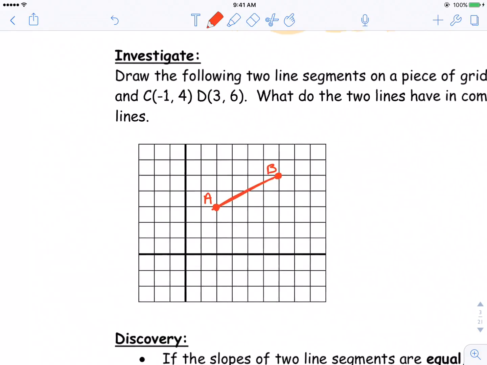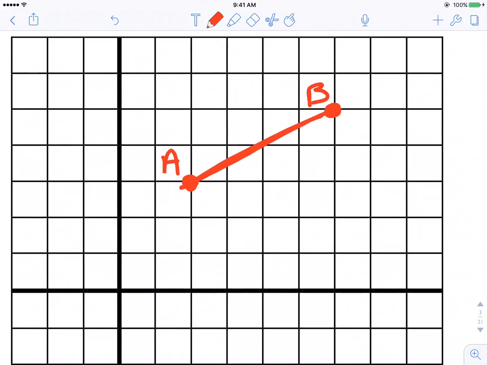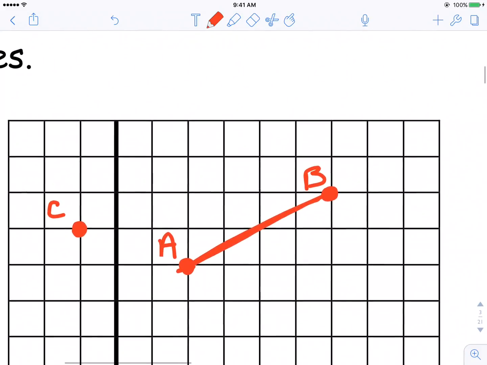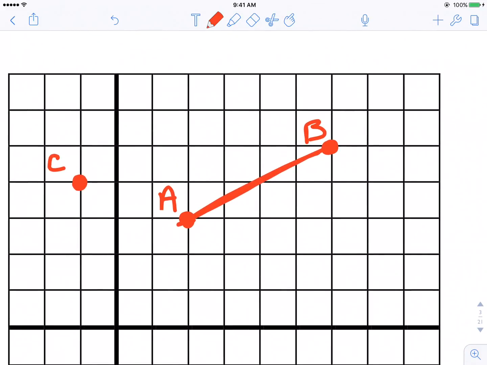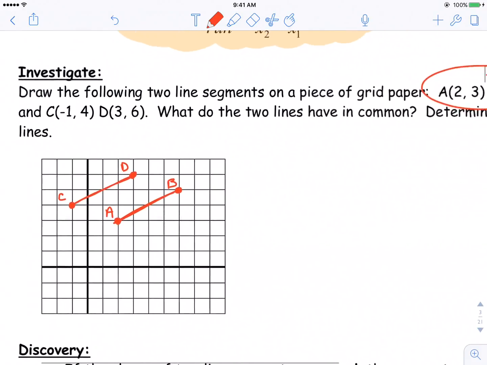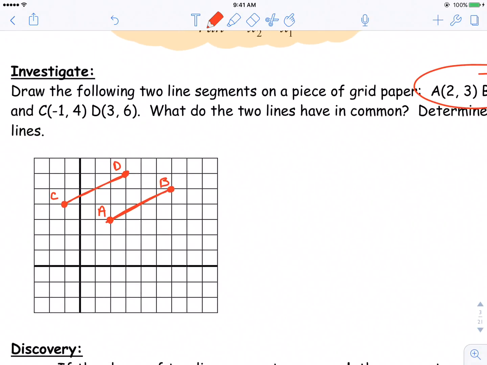And then we plot CD, which is negative 1, 4, and D, which is 3, 6. And there's our line segment. What do those two line segments have in common? Determine the slopes between the two lines.